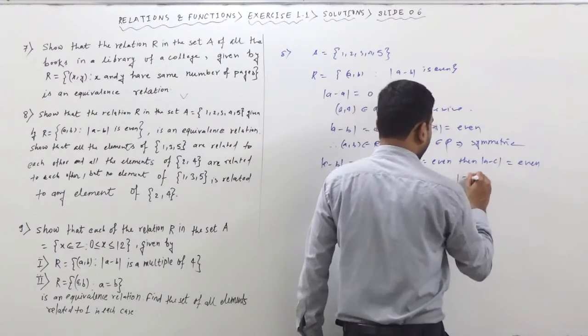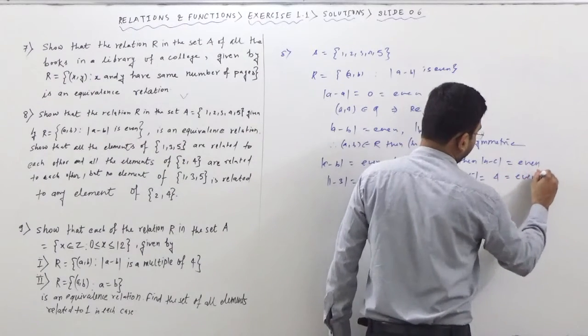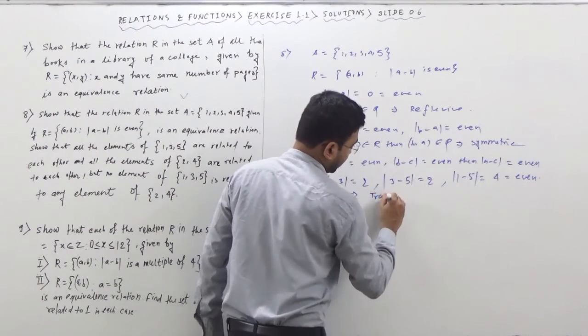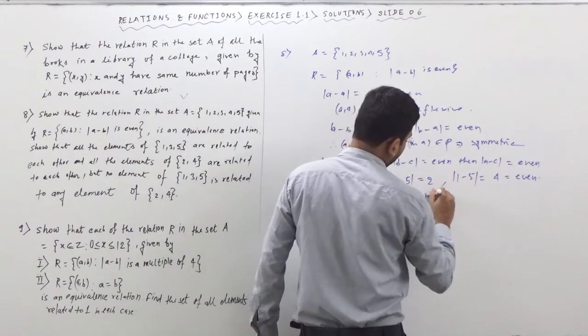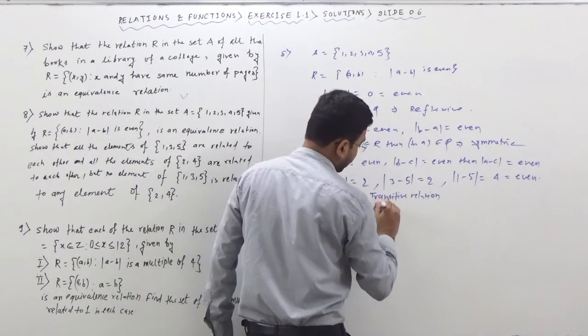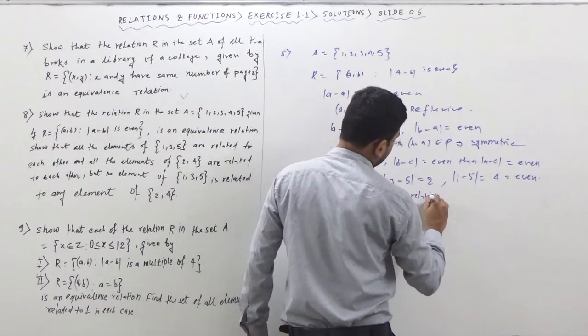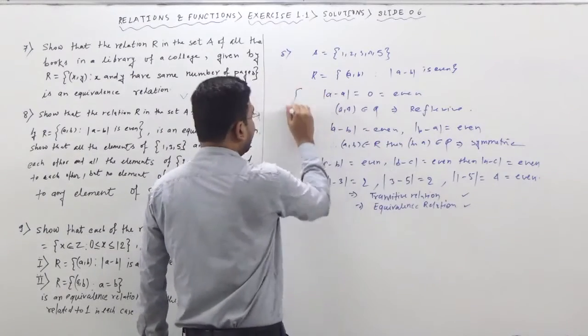So if we take 1 minus 5, that is again going to be 4, that is even. So we can say this relation is a transitive relation, and hence we can say this is an equivalence relation. Okay, this is just a hint, you just have to do it in detail.